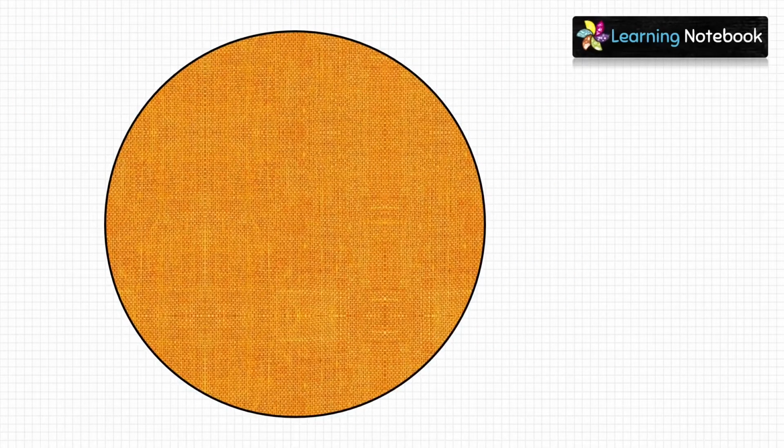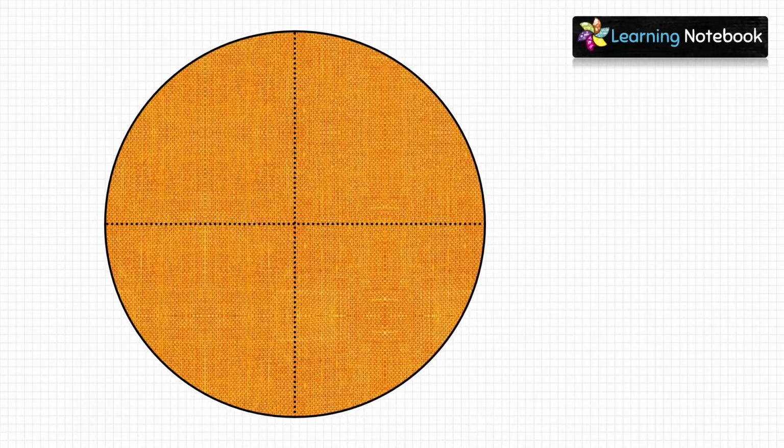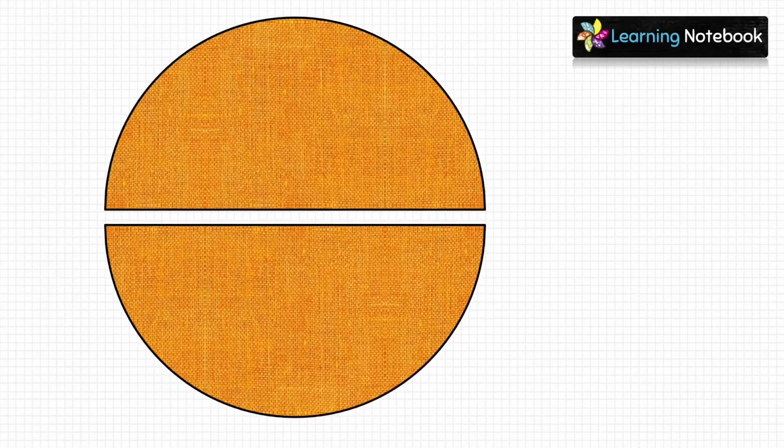Now let's fold this circle vertically as well as horizontally and then cut along any of the diameter. We get two semicircles as shown here. In terms of fraction, each part represents half or 1/2.